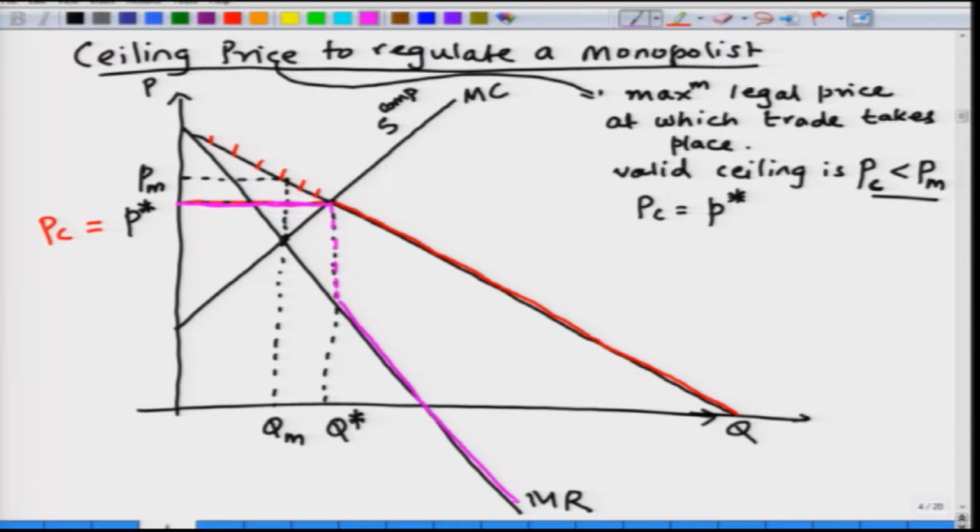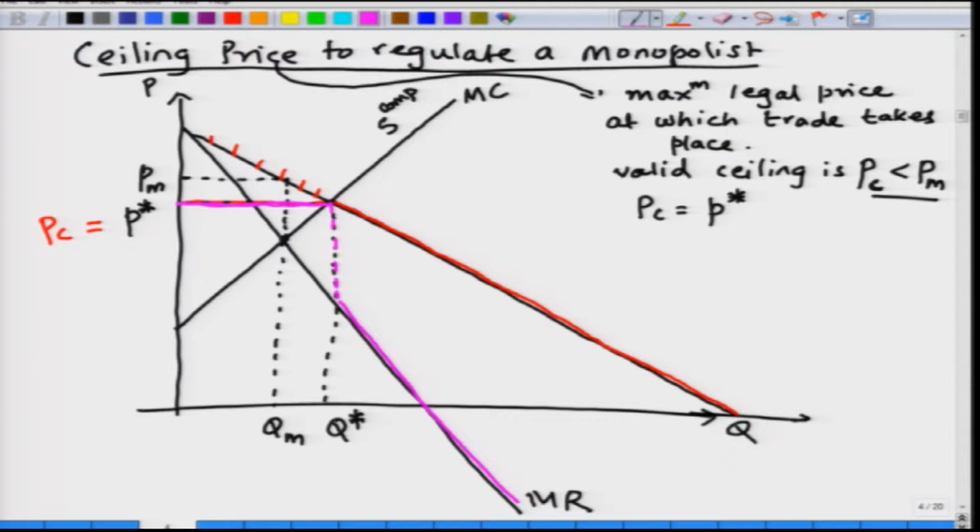So, the reason being that this top portion of the demand curve is sort of non-existent now, because the consumers are there, but the monopolist cannot charge a price there. So, the demand curve is flat or elastic in this portion. So, the MR also is flat, and from this portion onwards the demand curve is what it was earlier. So, the marginal revenue curve also traces the older marginal revenue curve.